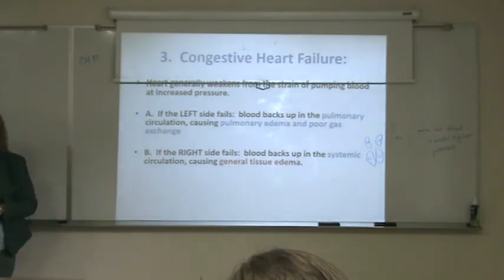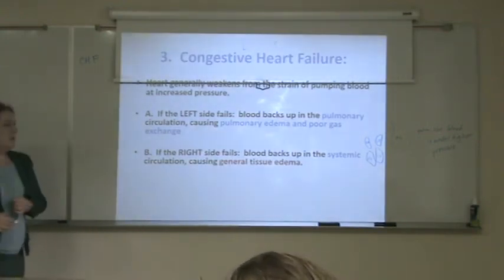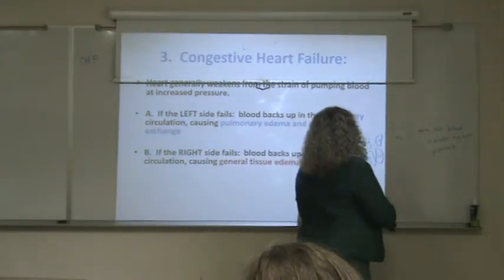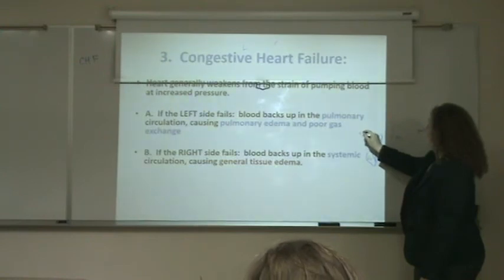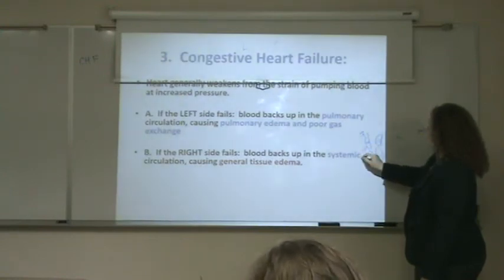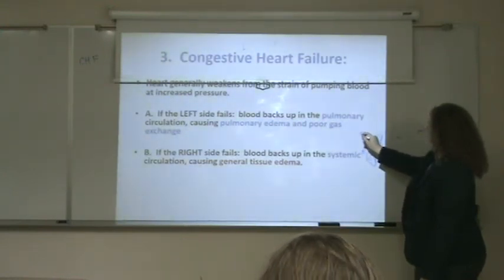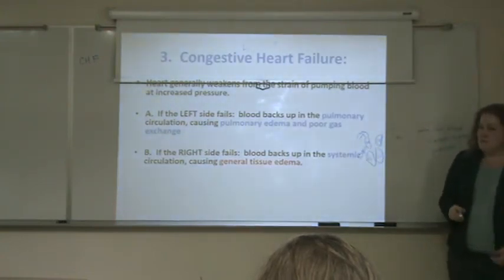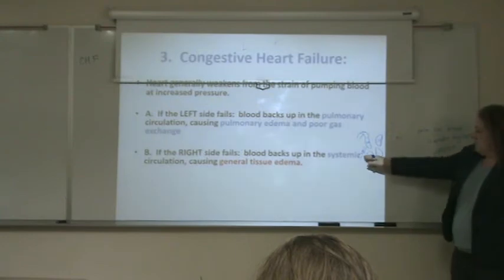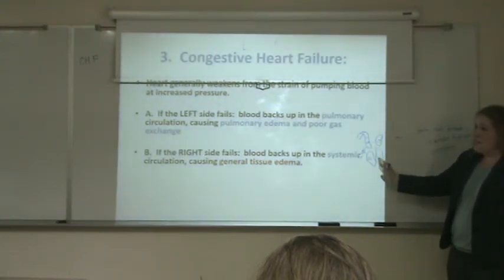If their right side is failing, I'll add on to this high quality picture here. If their right side is failing, we've got blood backing up in the vena cavas, that is, trying to get into the heart.